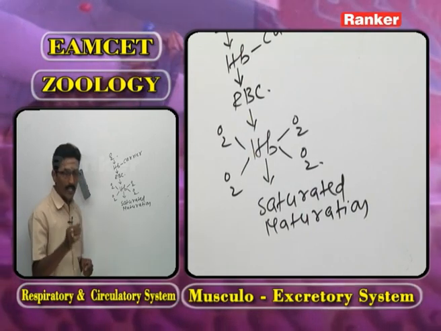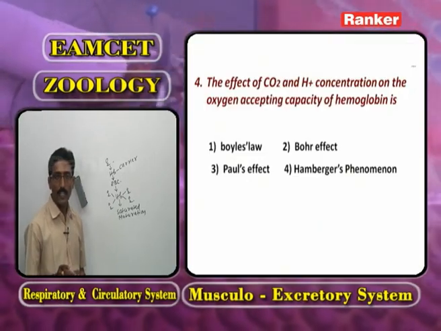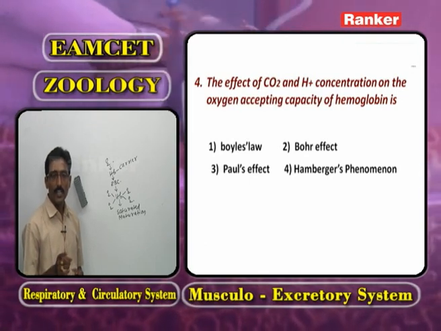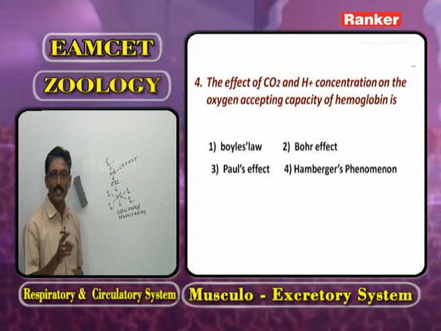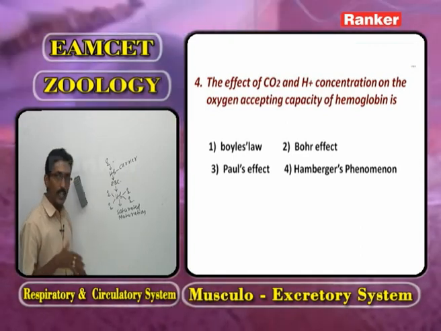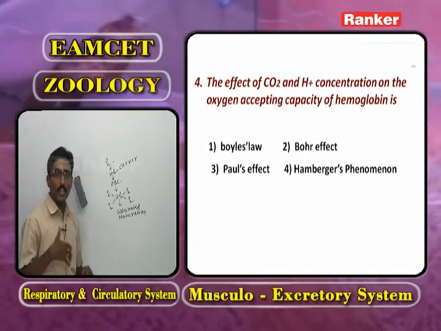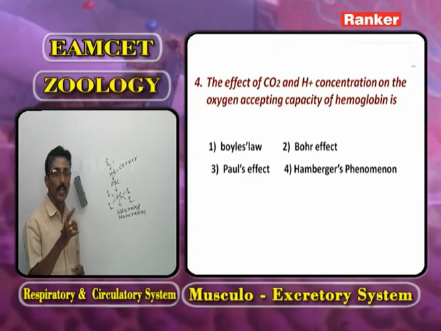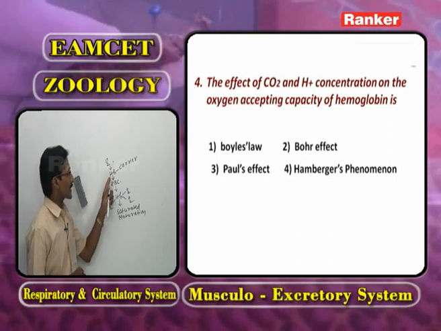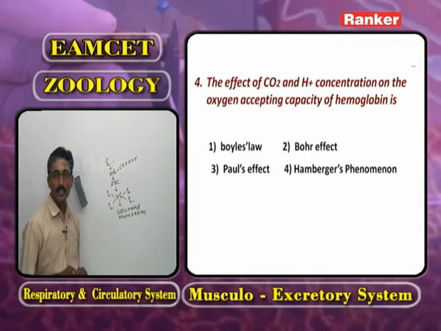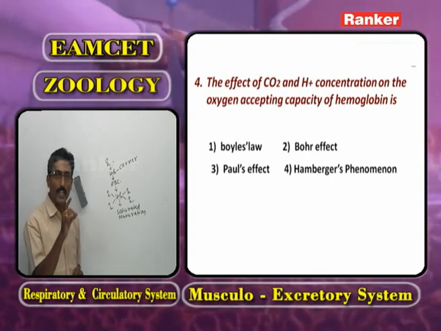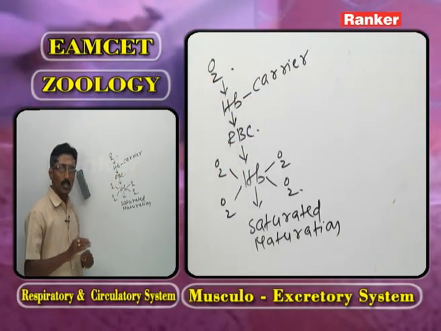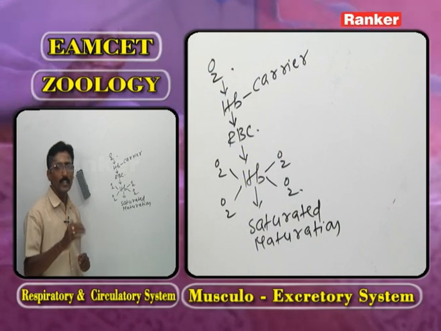Now, the question is the effect of carbon dioxide and H plus concentration on oxygen accepting capacity of hemoglobin. In our body, suppose more and more carbon dioxide is present, what is going to happen? You have to imagine. The carbon dioxide combines with hemoglobin, so that the hemoglobin is unable to carry oxygen to each and every cell.